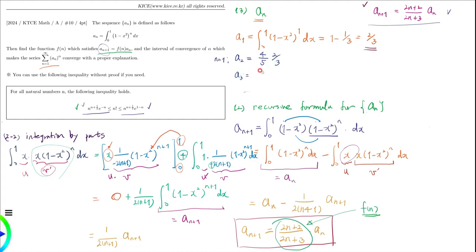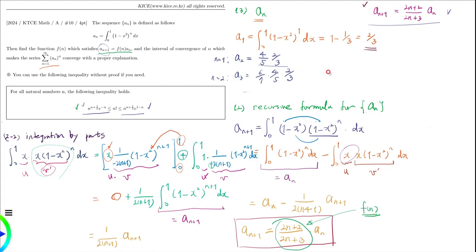And you will figure out the rules if you do this trial several times. When n equals 2, you'll have 6 over 7 times a sub 2, which is nothing but this one.